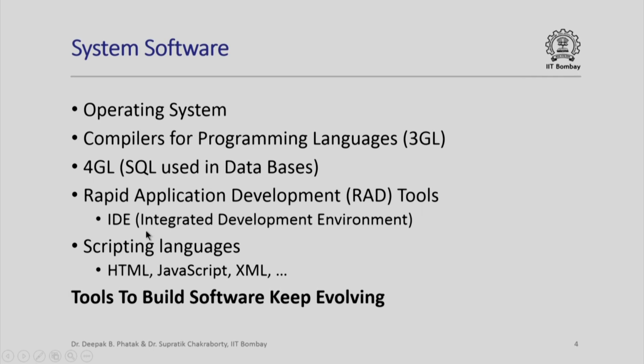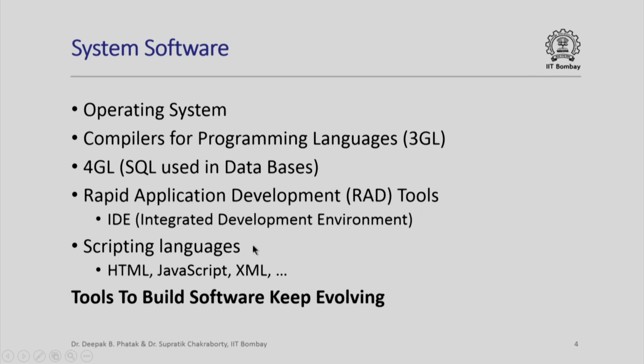One example is an integrated development environment. Code blocks, for example, is a very simple but still an integrated development environment, and there is a lot of software which actually has been written to make that code blocks available to us. There are several such integrated development environments which make development of software easier.